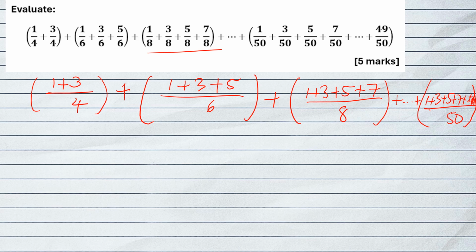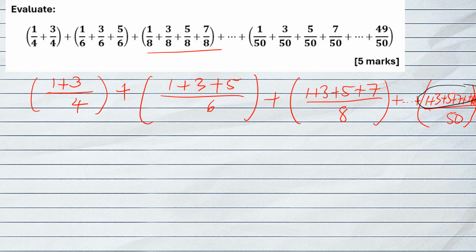On top there's an arithmetic series, because you can see the difference is 2, the difference is 2, the difference is 2. So we can get the sum of the top, then divide by 50 to get the value of that last term. What we are doing is trying to evaluate that last one, because it's forming an arithmetic series and there are many terms, so we'll have to use the formula.